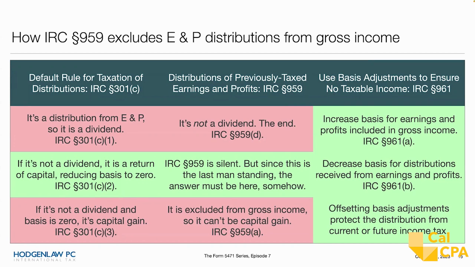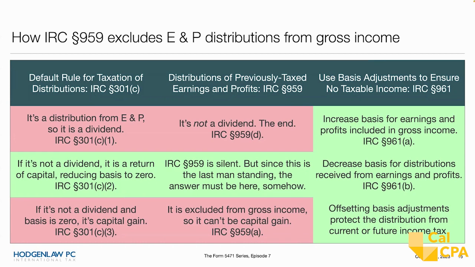The overriding rules are in this lovely pink color. The first rule is 959(d). It's not a dividend. The end. All right. And then we look at the bottom and say, well, would this distribution be capital gain? Well, capital gain is gross income, right? So it can't be that.